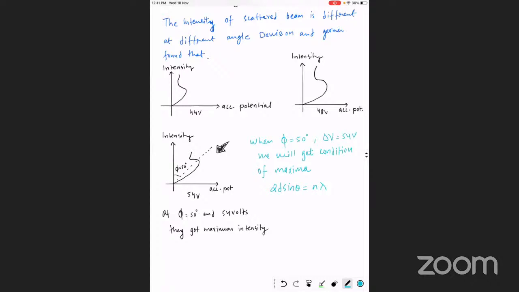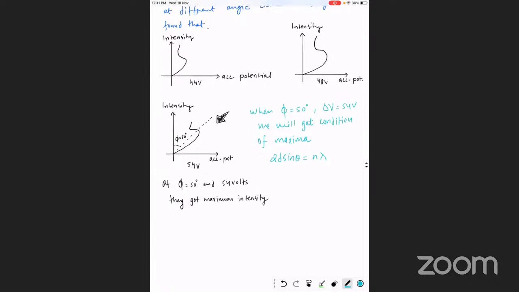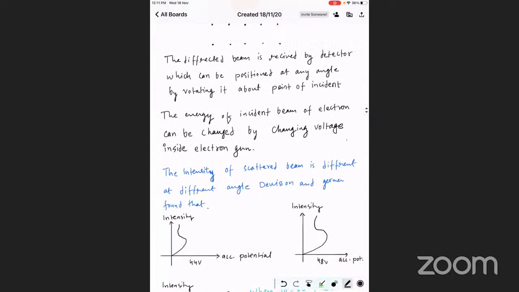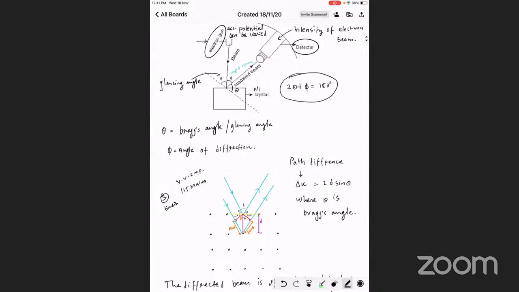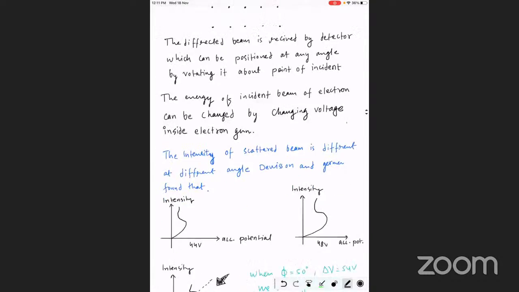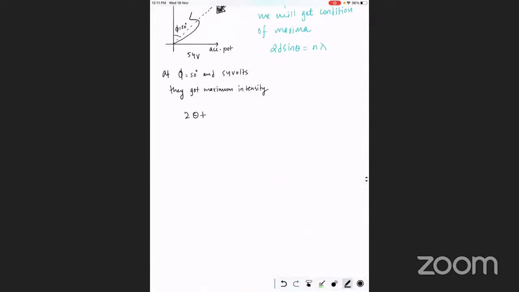Now, we have the value of phi, but we want theta. What will we do? See, I wrote here 2 theta plus phi is equal to 180 degrees. By using this, put phi as 50 degrees.